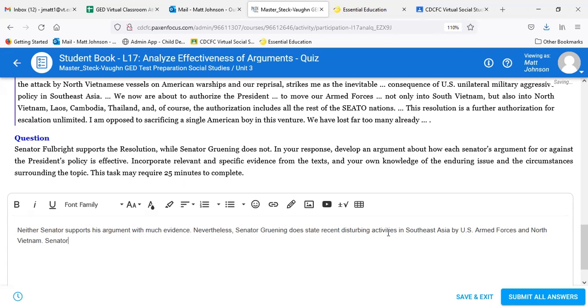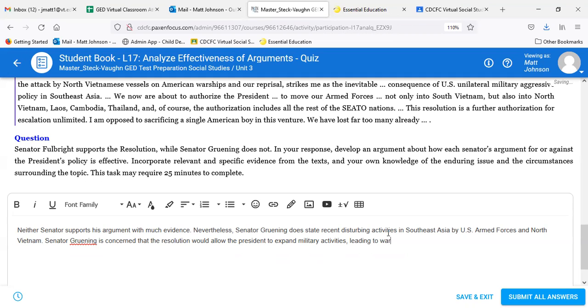Senator Gruening is concerned that the resolution would allow the president to expand military activities leading to war.